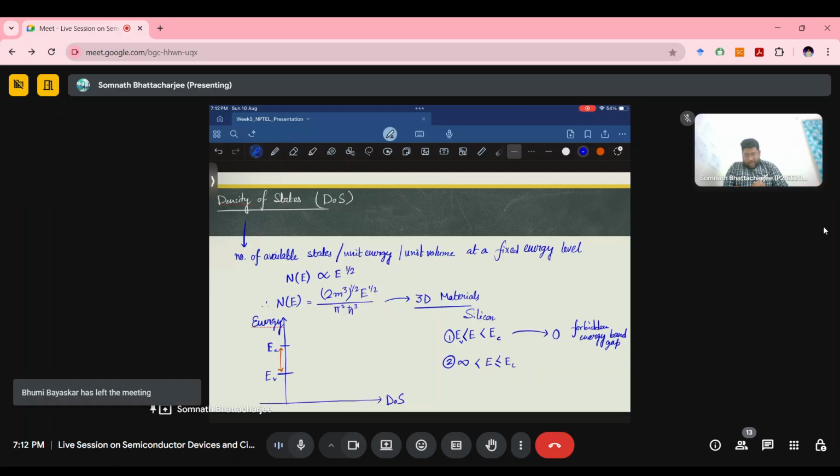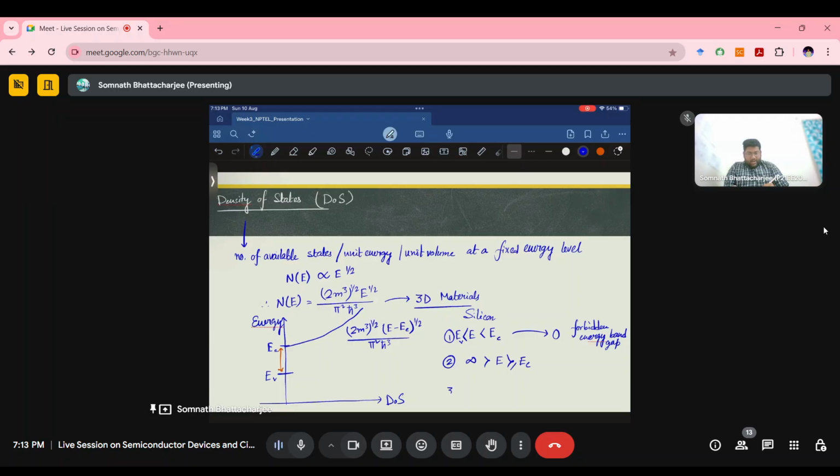In this case, the value looks like 2m to the power half, times the difference E minus EC to the power half, as E is greater than the EC value, divided by pi square h cut cube.